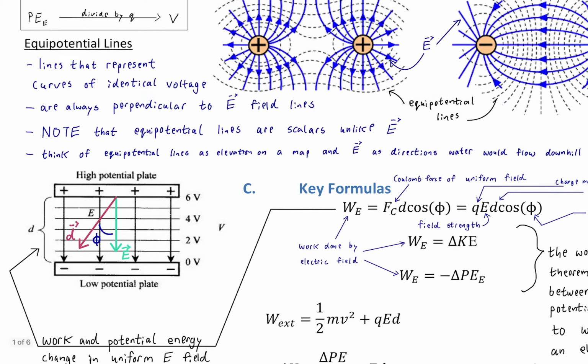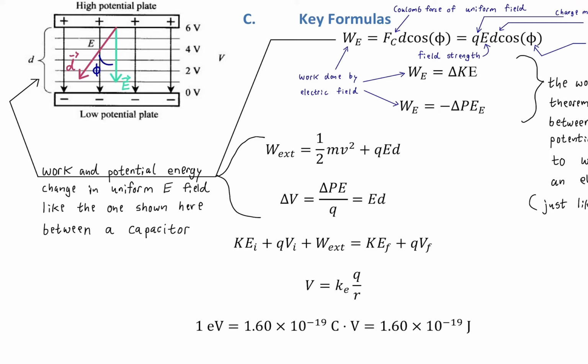Okay, so these next two formulas, work done by an external force and change in voltage, they both also, as written, only apply to uniform electric fields, okay? That is, of course, a restriction, but a lot of times we work with uniform electric fields, okay?